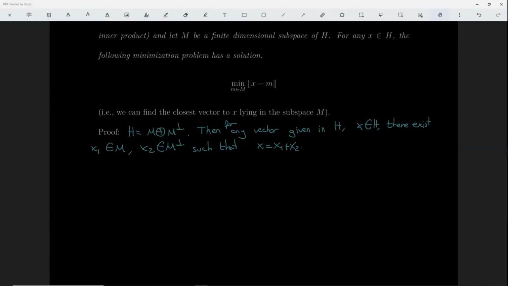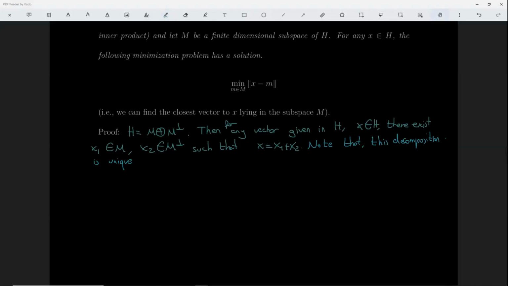Maybe I can write that as well. Note that this decomposition is unique.